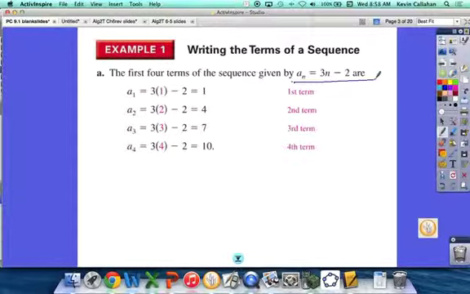This one says find the first 4 terms of the sequence, that means you want to plug in n equals 1, n equals 2, n equals 3, n equals 4, and just calculate.